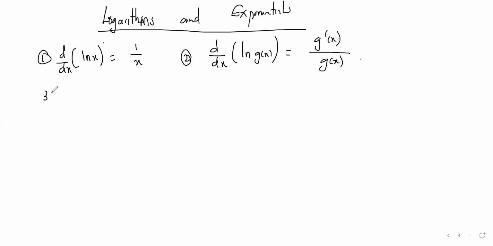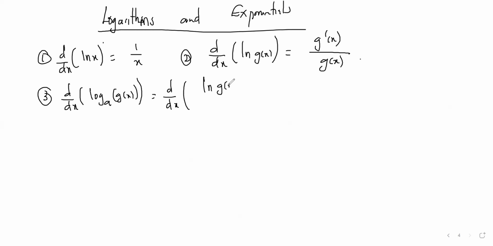A tricky one is where we say, can you differentiate the log base a of your g? Here you would first convert the function to ln. So you would say ln of g, and then because I've changed the base, I'll have a ln a down.